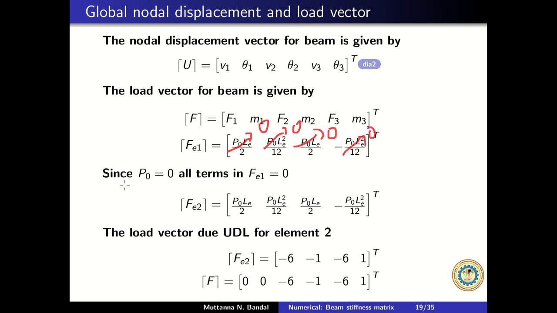Now for element 2, the uniformly distributed load P naught is acting on element 2, so I have to calculate these terms. For that I have calculated FE2, the load vector for element 2, as -6, because 12 into -12 into 1 divided by 2 becomes -6, negative because the load is acting downward.